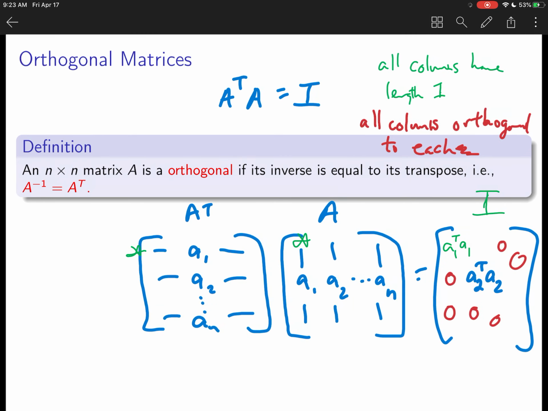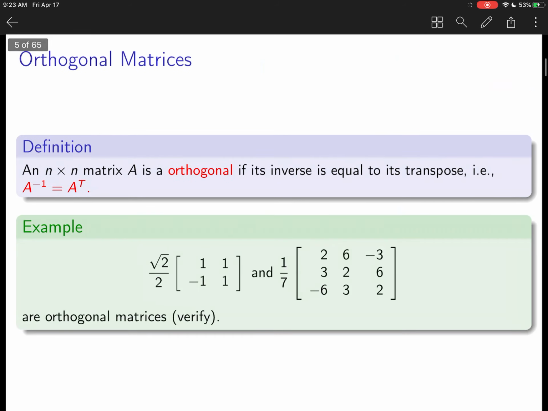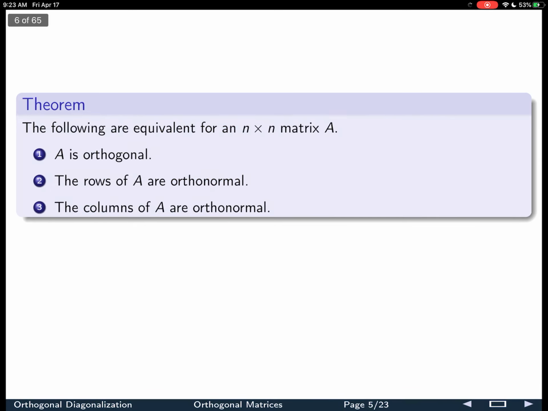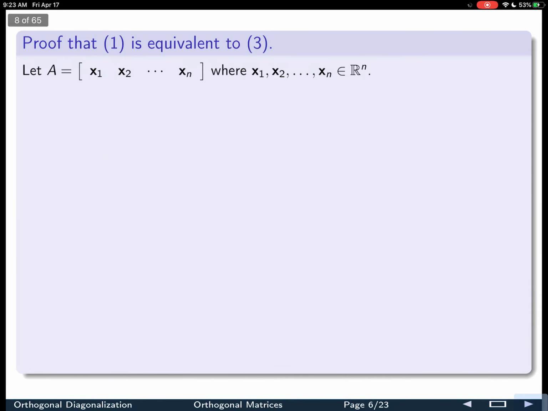All right, continuing on. Right, and here are a couple examples of an orthogonal matrix. A is orthogonal, the rows are orthonormal, and the columns are orthonormal. Those are definitely equivalent statements.